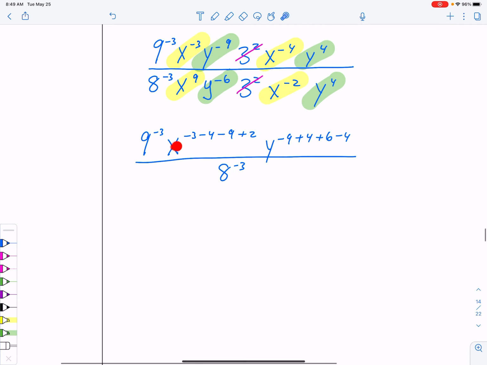Okay, so we can simplify our x's and y's, and we can also move these two. So we can rewrite this as 8 to the 3, and then when we do our x's, here we have negative 3 minus 4 minus 9 plus 2.